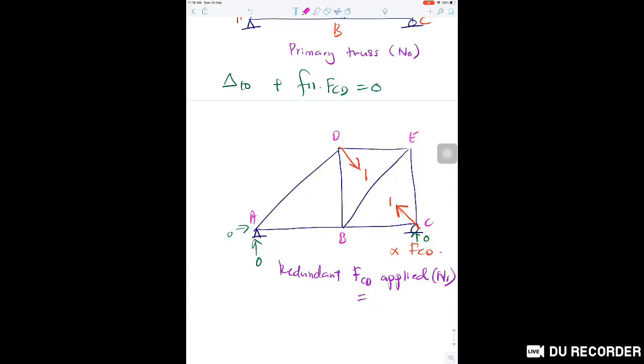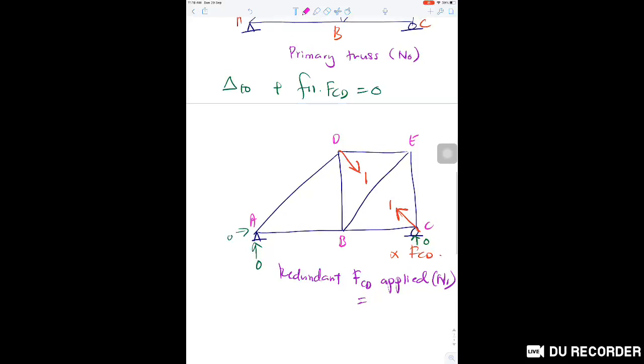After that we have to check the internal loading. Internal loading means we have to balance each joint. At each joint, we have to make sure that total Fy is equal to 0 and total Fx is equal to 0. Now from this, if it is not clear, just do like this. 0 must balance with 0, so automatically this is 0, this is also 0.